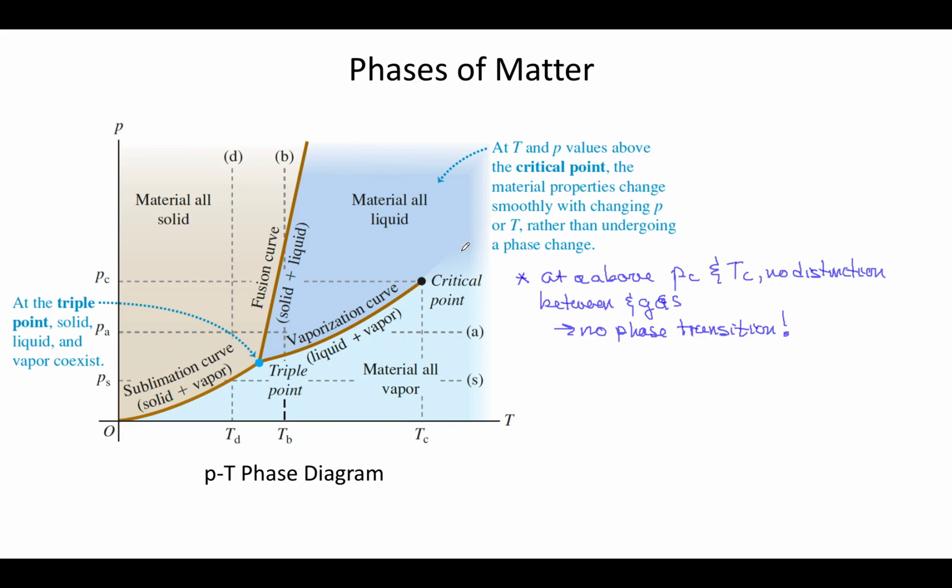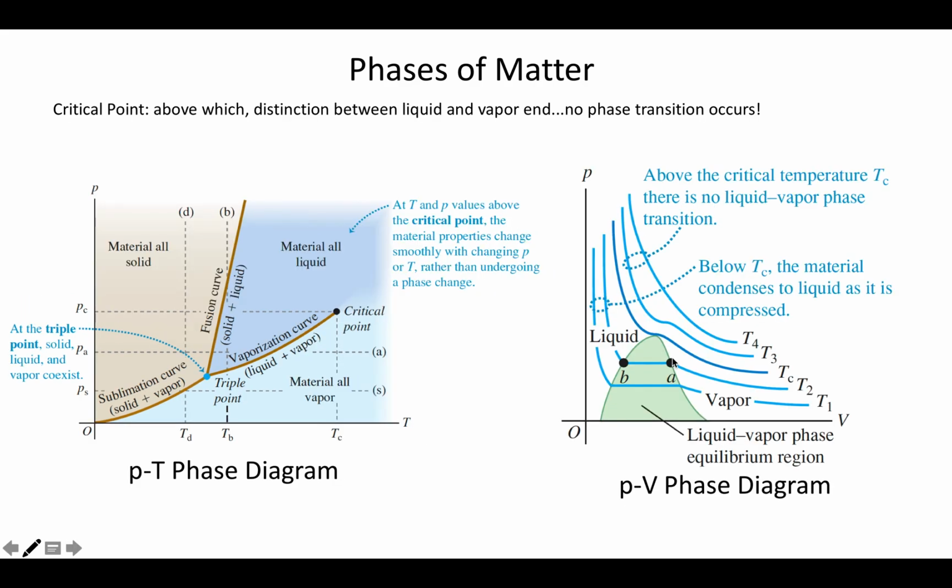It just keeps increasing its pressure, or going this way above out here keeps increasing temperature. So if you did a trajectory like this, out here you wouldn't see any stop in temperature change and change in some phase. It's very weird. Don't know how to explain it. Good enough. Let's move on.